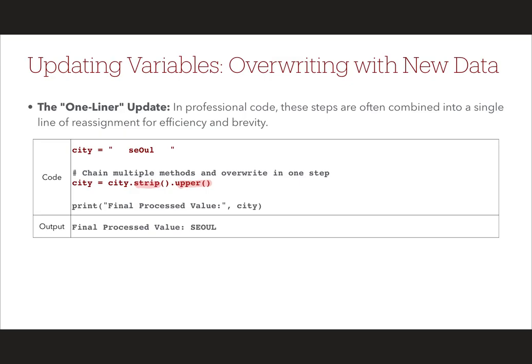So given this expression, the function closer to the character string will be evaluated first. Given these two functions, strip and upper, strip will be evaluated first, which will eliminate these two spaces. And then if I call upper, this upper function will be applied to SEOUL, those 5 letters. So we have this expression in uppercase.